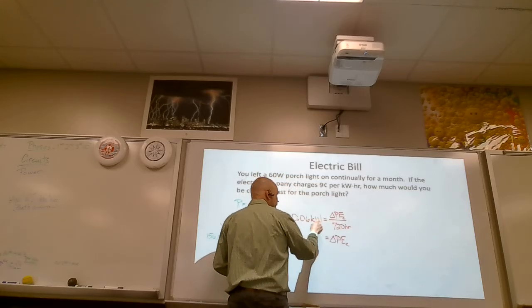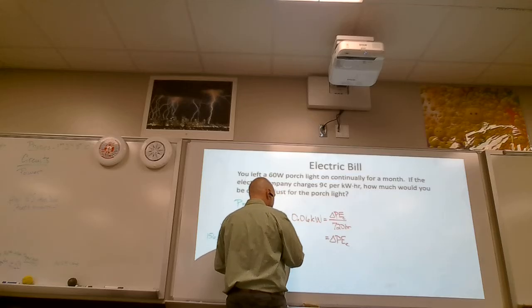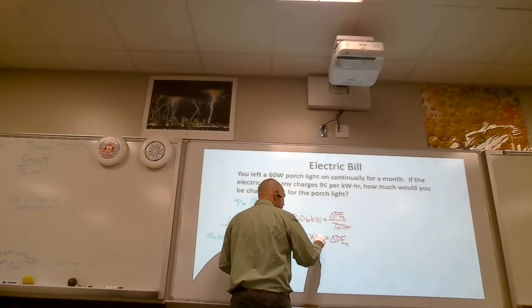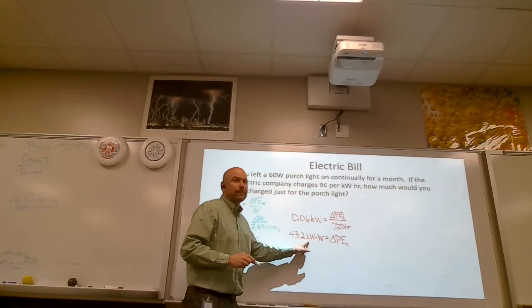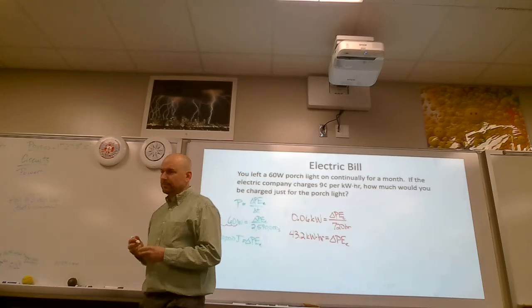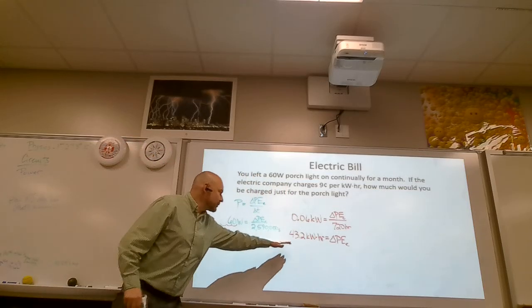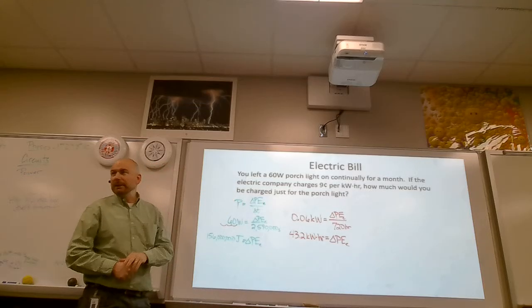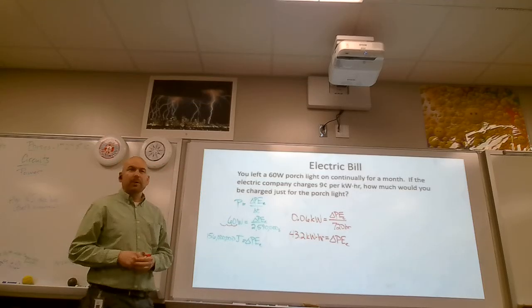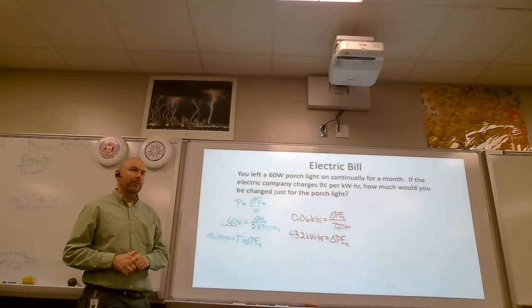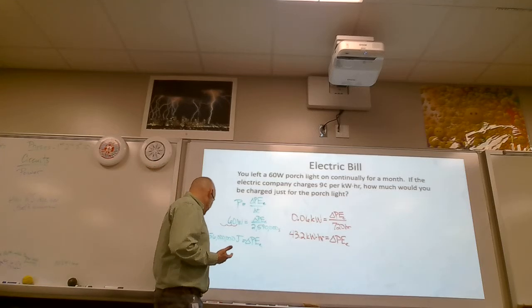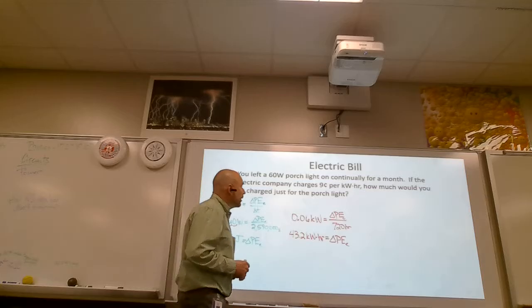So multiplying kilowatts times hours, kilowatt hours. That's where that comes from. You see how that's much more reasonable of a number than 156 million for one light bulb on for a month. Okay?